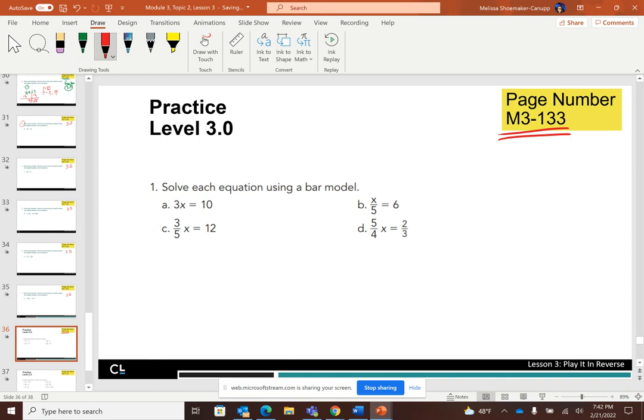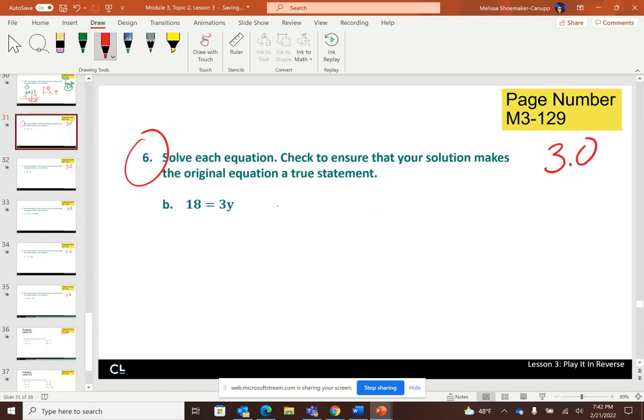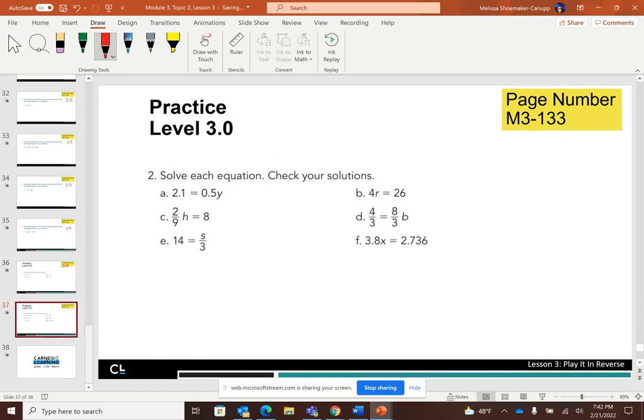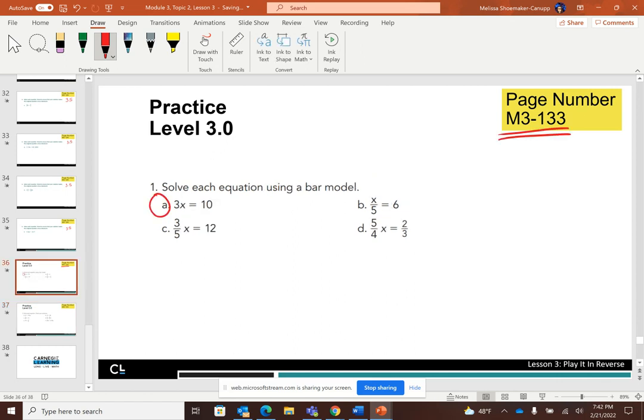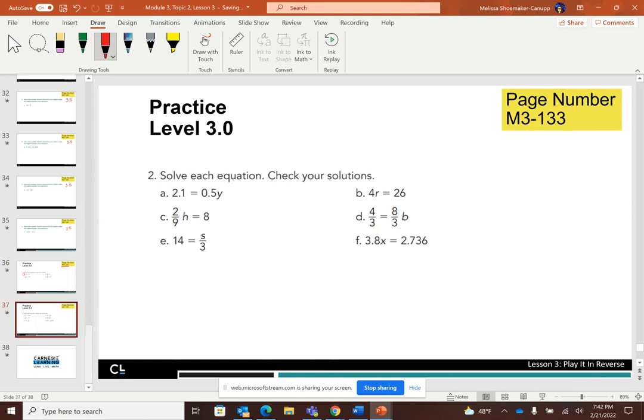And here, on page M3 133, there are practice problems. You have 3 chances to show me a 3.0. Okay, that's a 3.0.